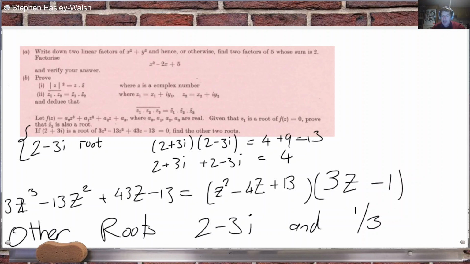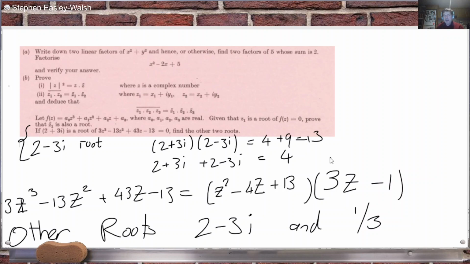Oh, this calculator's not working properly. Minus 13 over 9 plus 1 over 9, and then minus 13, and then plus 43 over 3. So does 43 over 3 look like that number? Yeah, it is. Yep. So it works.